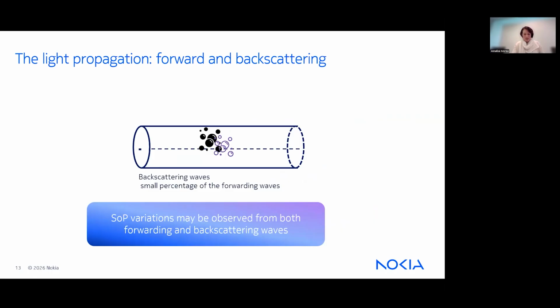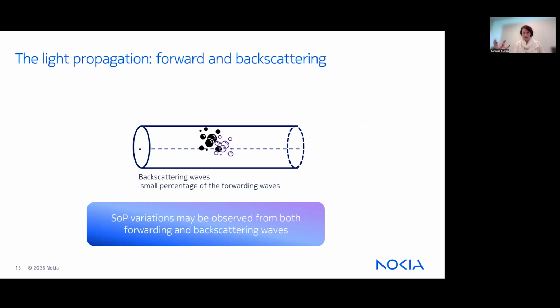Now, the question is where we have to monitor the SOP. As told before, the fiber has some imperfection due to its realization, above all if this fiber is made of solid silica.